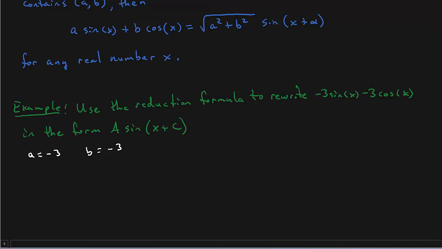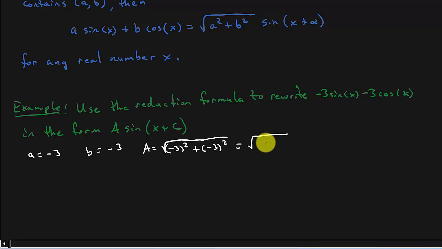So we've got the square root of (-3) squared plus (-3) squared. I'm getting the number in front here. This is actually our capital A in this problem. That's equal to the square root of 9 plus 9, which is the square root of 18, which is 3 square roots of 2. So that's our number in front of sine here.